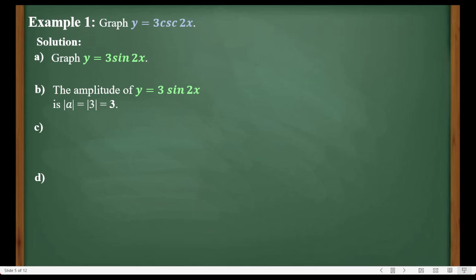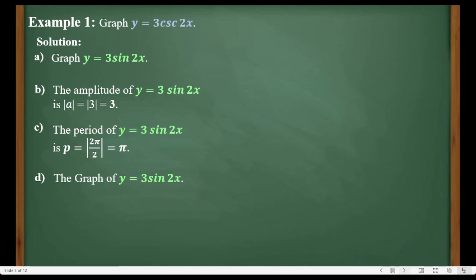From this given function, let us consider the amplitude, and we know that is 3, which is taken from the coefficient of sine. So we get its absolute value, that is 3. And for the period, that is determined by the formula 2 pi over 2, or that is pi. Then we draw the graph of y equals 3 sine of 2x.